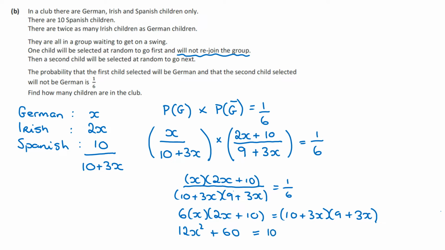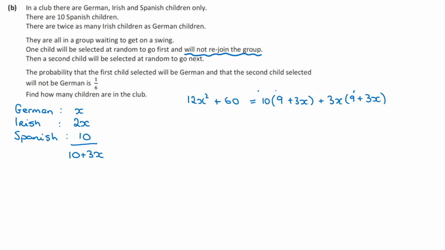We get 10 times 9 plus 3x plus 3x times 9 plus 3x. This is actually missing an x here, so let's multiply all this out. So we have 12x squared plus 60x is equal to 90 plus 30x plus 27x plus 9x squared.